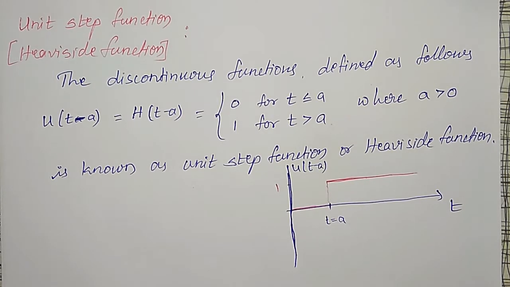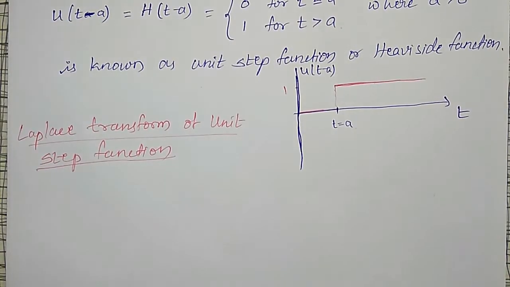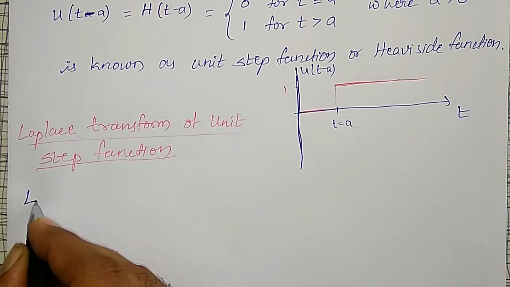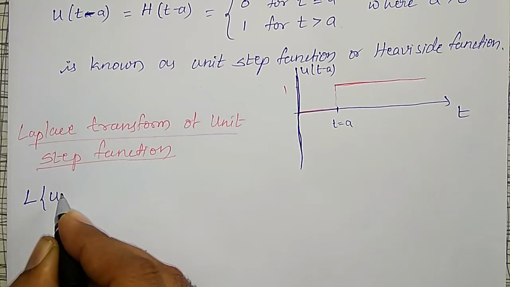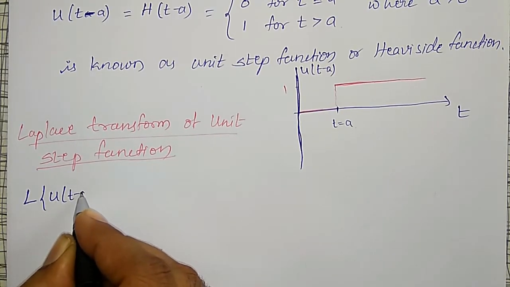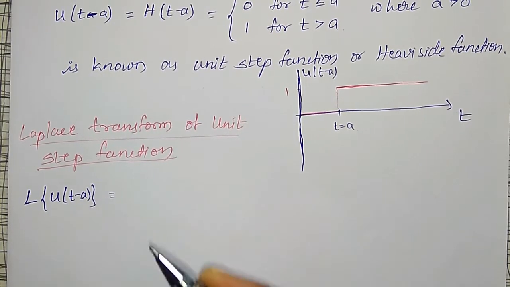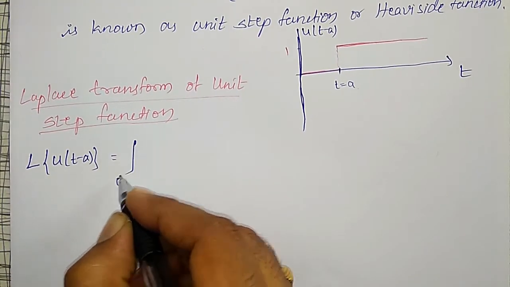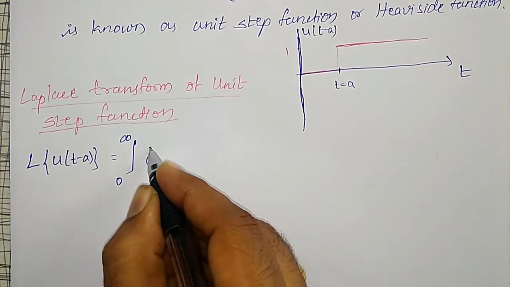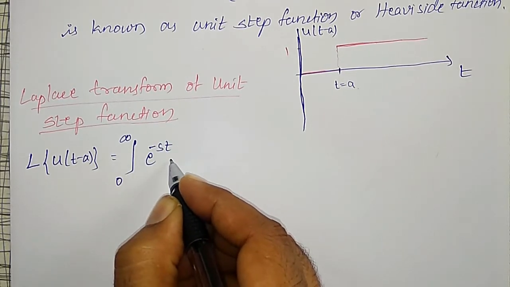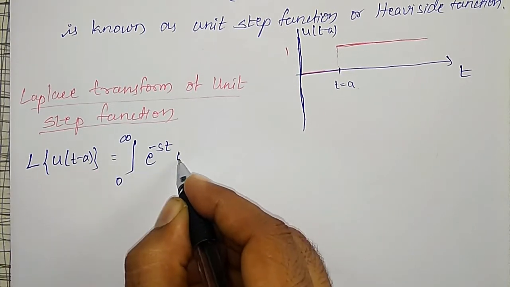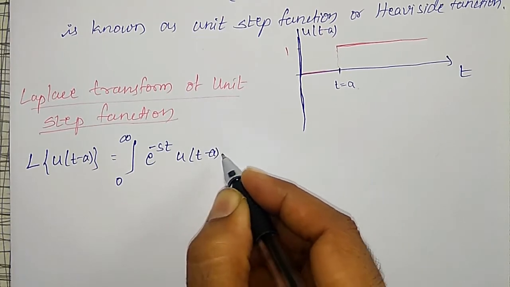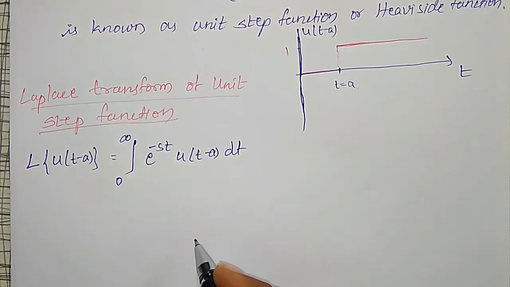One by one I will calculate here. The Laplace transform of a unit step function, that is L of u of t minus a, I have to find out. By the definition of Laplace transform, I can write it as the integration from 0 to infinity of e to the power minus st into f of t, where my f of t is u of t minus a, dt.